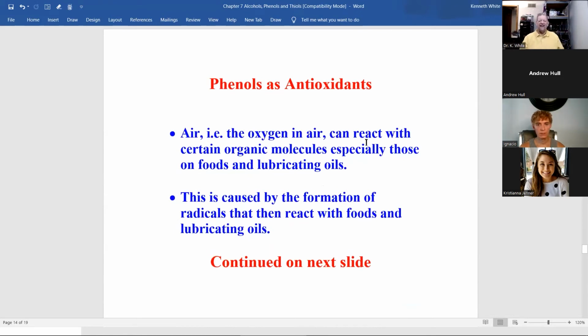Now, I'm turning the switch totally off quick. Let's talk about antioxidants. Phenols, molecules with a benzene ring and a hydroxyl group, are antioxidants. Now, air, which has oxygen, can react with organic molecules and change them to things you don't want happening. And this happens with food and things like lubricating oils.